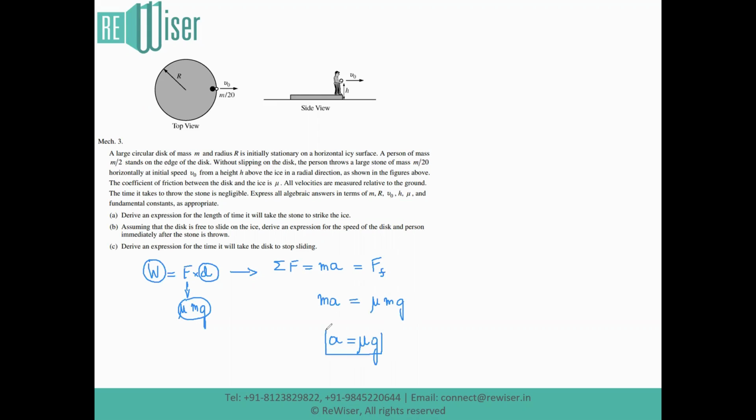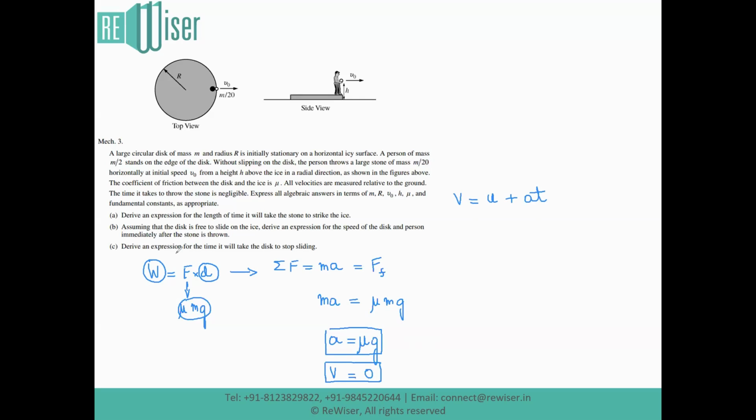Since we know the acceleration, and I also know that the final velocity is going to be 0 when it comes to a state of rest, I can use the equation of motion v is equal to u plus a into t.